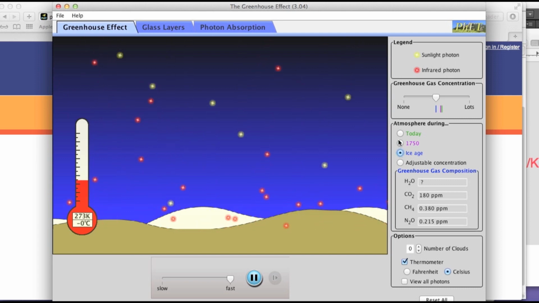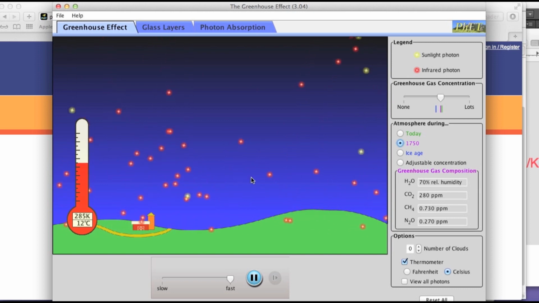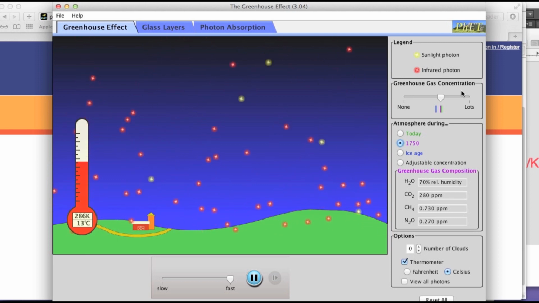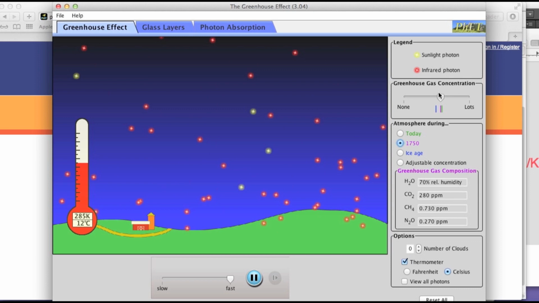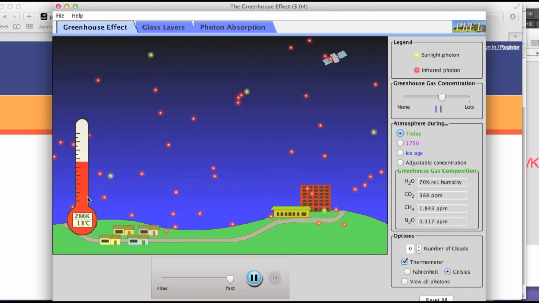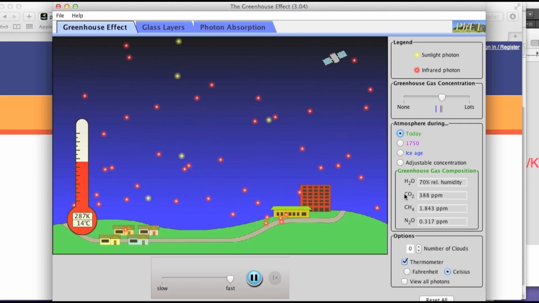Take it up to pre-industrial. All right, we're in the pre-industrial age, and we have a greenhouse effect that is rather moderate and took us up to about 9-10 degrees Celsius, 285, 286 Kelvin. And then we go up to today. Hey, we got a satellite. And there you go. We've got it coming up to the 288.15 Kelvin.